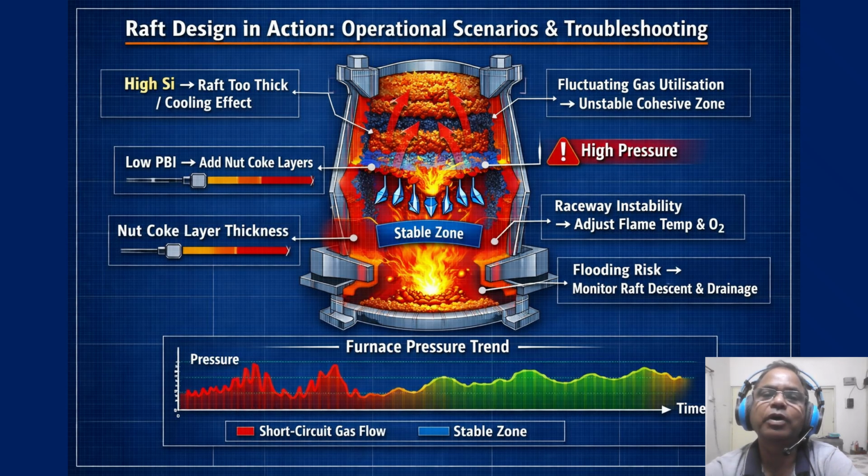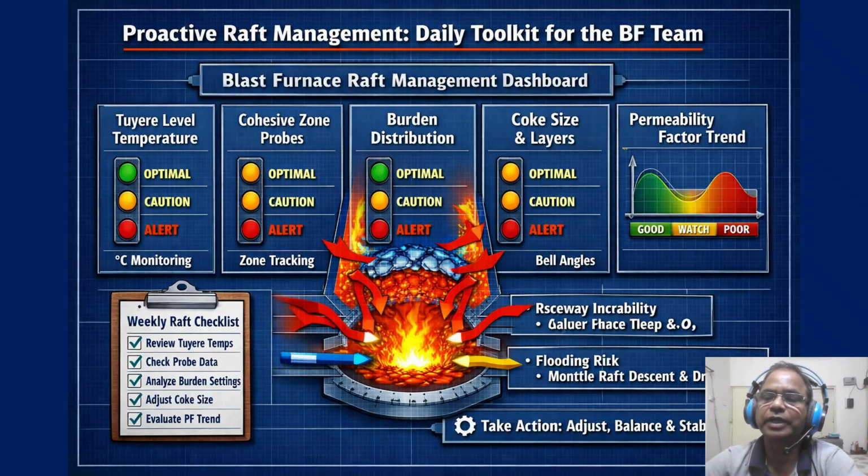The raft is clogging. Immediate action is to increase the nut coke layer on the next two charges and reduce the pellet ratio by 5%. I've seen this bring the pressure drop from 1.6 bar down to 1.4-something bar in 1 hour. Every problem has a raft-based solution. Stop guessing, start diagnosing. Once we act as per those diagnostics, things will work and results will be reflected.